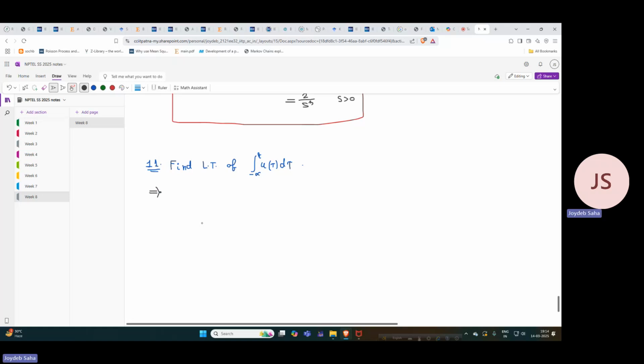Okay. So let us first know the integration property. Integration property, right?